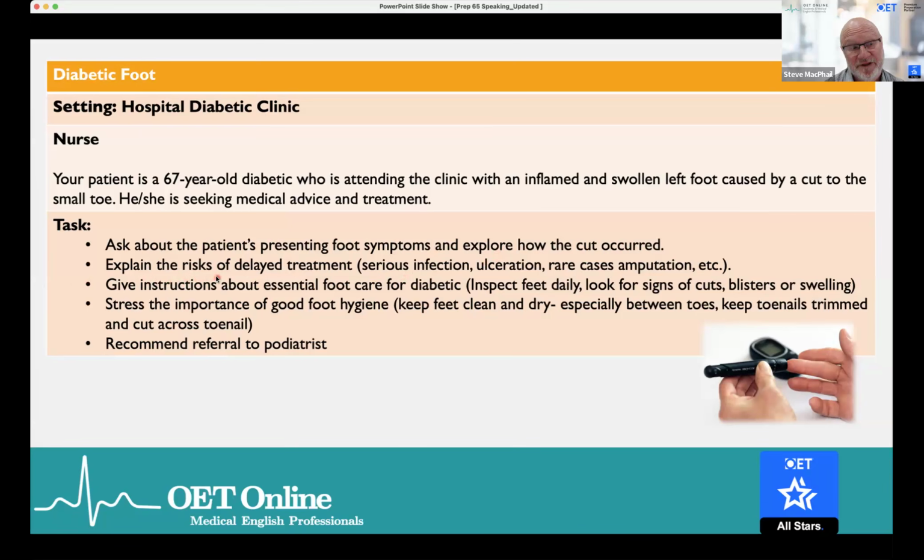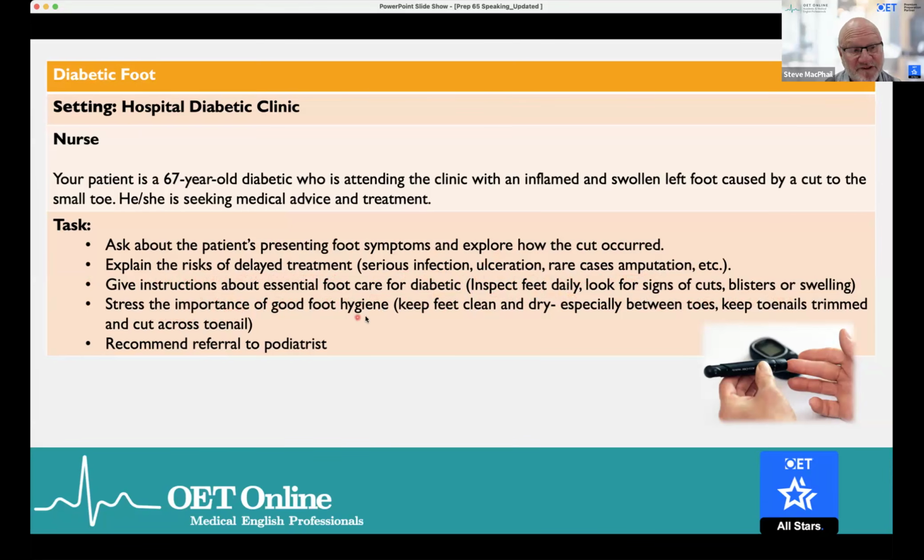You've got to explain the risks of delayed treatment, right? And good thing about OET, they tell you those risks that could occur. So you can expand on that. You've got to give instructions on foot care for diabetic patients, inspecting the feet daily, looking for signs of the cuts, blisters, swelling.